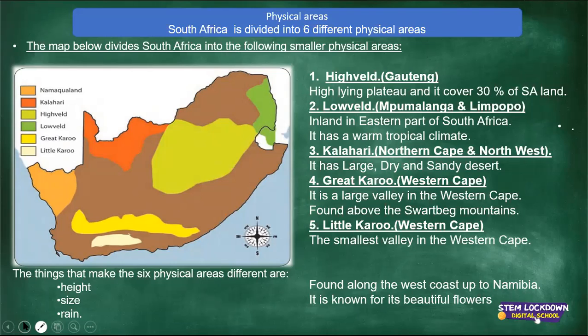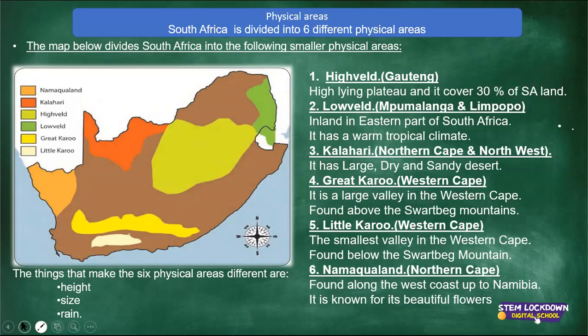Moving forward. This Little Karoo is also found below the Swartberg mountains. Since the Great Karoo is found above the Swartberg mountains, the Little Karoo is found below the Swartberg mountains.